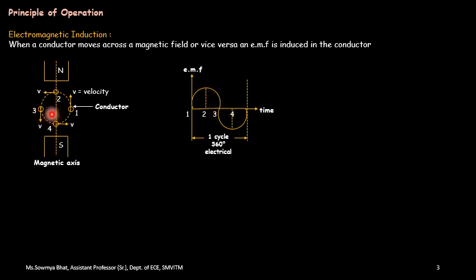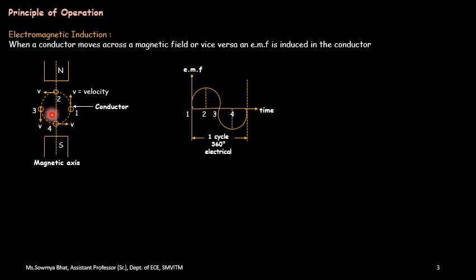When it comes to position 3, again it becomes parallel to the magnetic field line. So exactly at position 3, it will once again be equal to 0. Now from 3 to 4, once again d phi by dt has a slight parallel combination of velocities as well as the perpendicular combination.